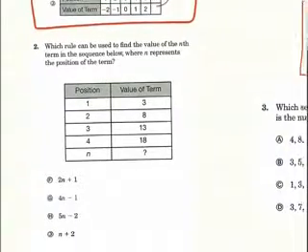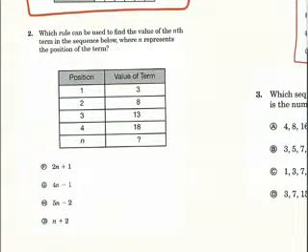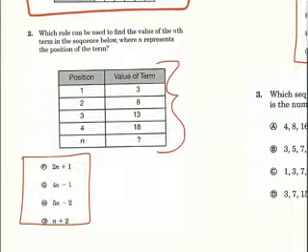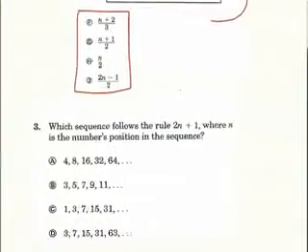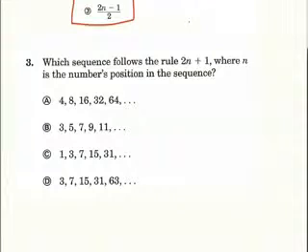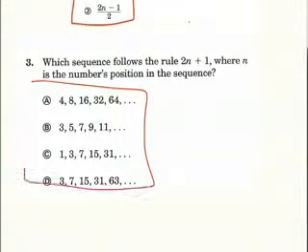We also have this way, which is they're giving you each of the numbers in a table, asking you to find the expression. And the last way is they're giving you the rule, and they want you to find what would be the numbers in the sequence. They're giving you the expression or the rule, and they want you to find the numbers.